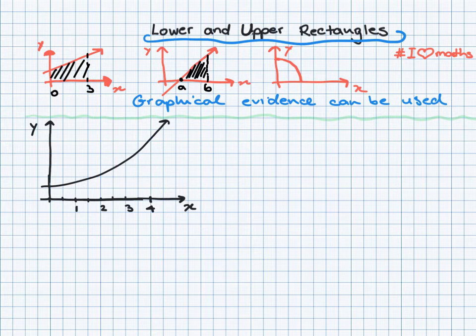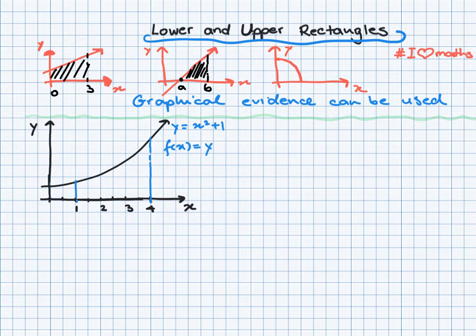For example, if we want to find the area between 1 and 4, and this graph is y equals x to the power of 2 plus 1. Please remember, f of x is equal to y.